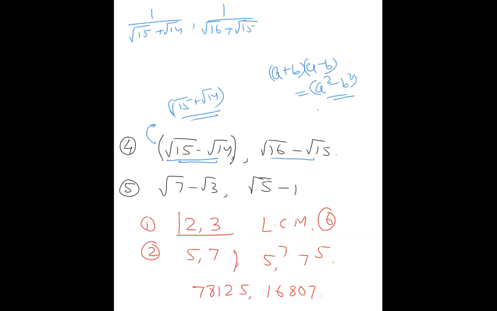A square is 15 in this case. B square is 14. So this is coming as 1, and the denominator remains. Same for the second one. I guess this is clear to all of you.